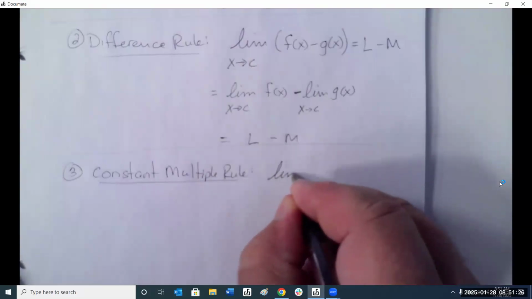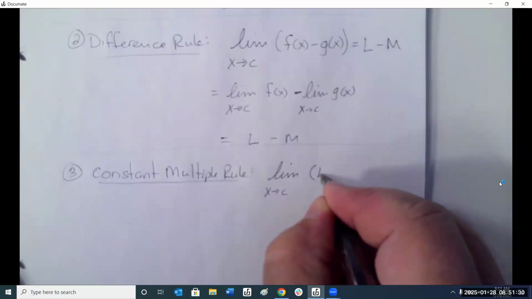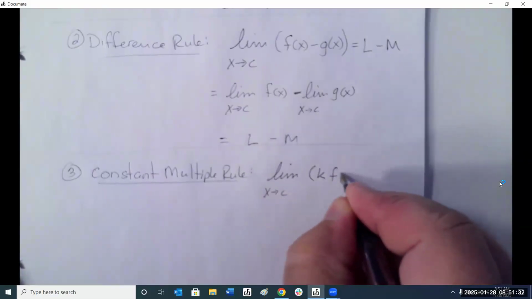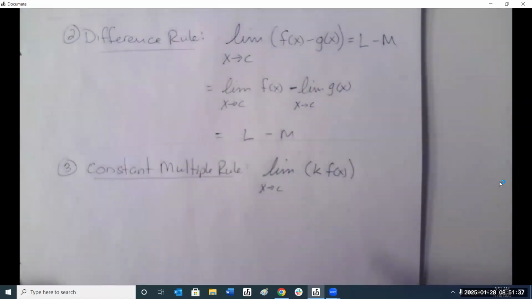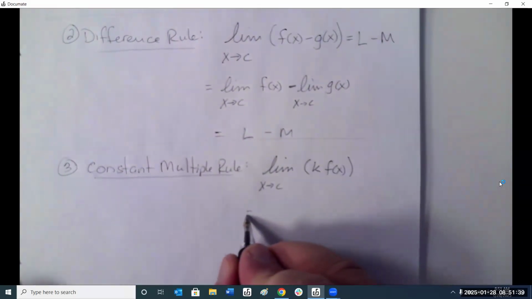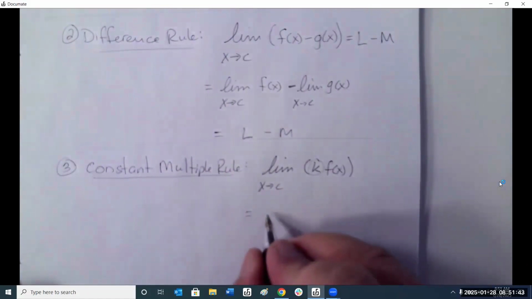So if I have the limit as x approaches c of some constant k times f of x, because that's a constant, I could take it out of the function.